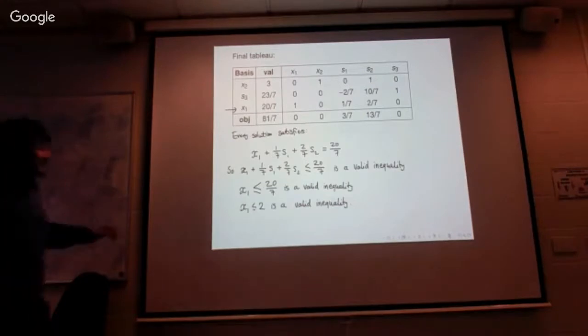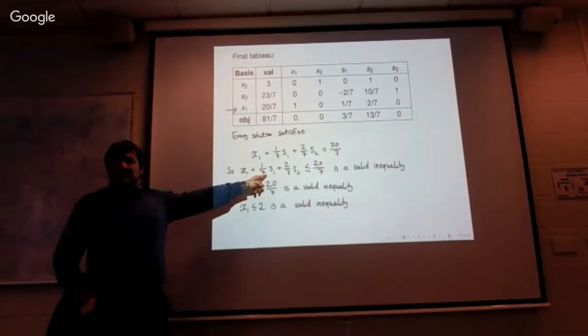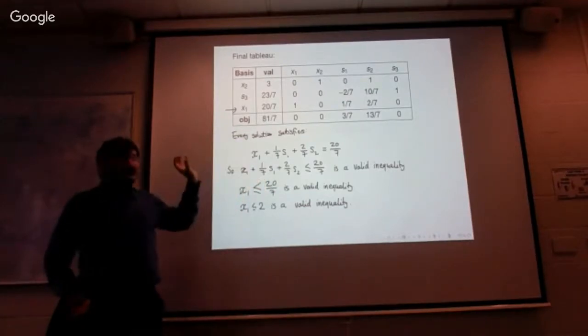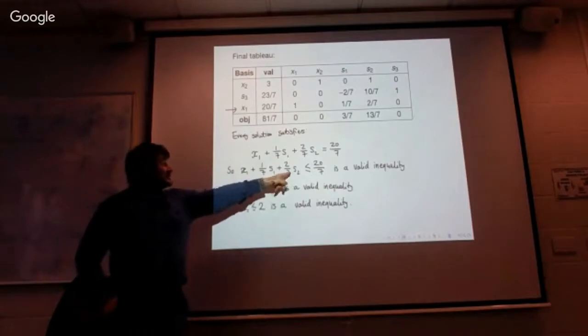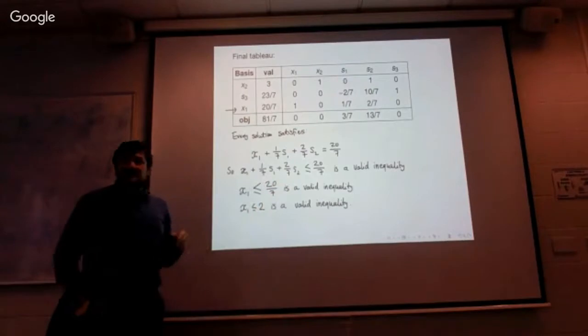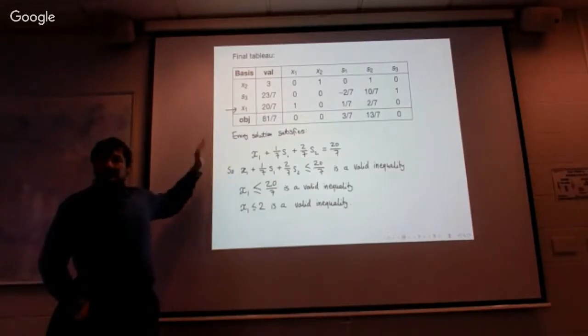You know from the first tableau how to express S1 in terms of x1 and x2, because S1 is the difference between the left-hand side and right-hand side. S2 here as well. So if you substitute, you get the constraint which is only in x1 and x2, and it would be some linear combination of the original inequalities.